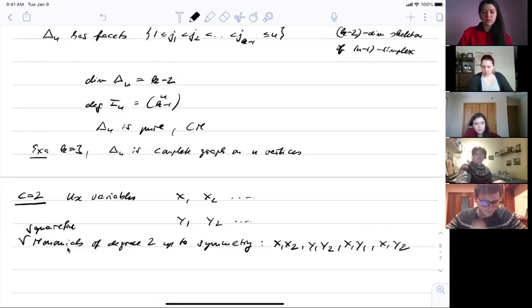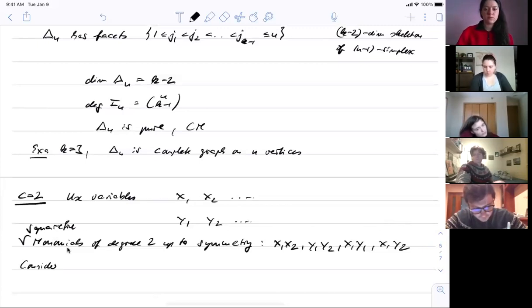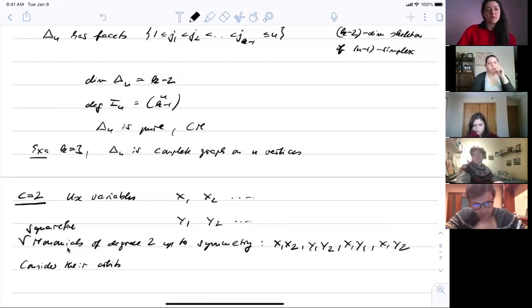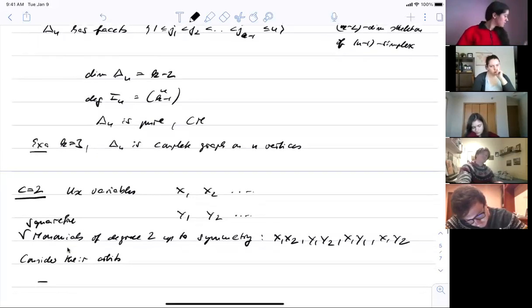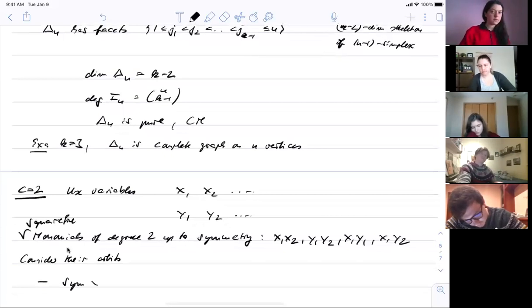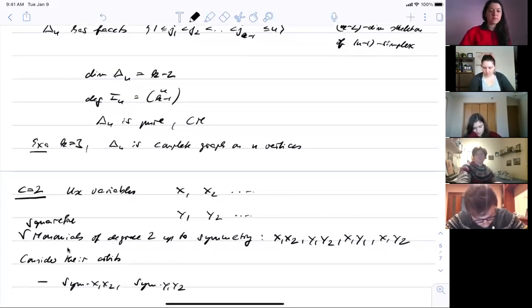Okay, so let's consider these one by one. So let's consider their orbits, as in the case above. If you look for the orbit of x1, x2, or the orbit of y1, y2, that we have already looked at.